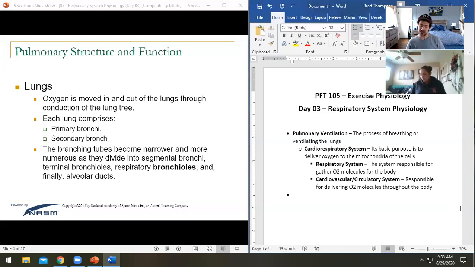That's like grabbing the outsides of that paper bag and pulling them, which expands the amount of space within that bag. When the diaphragm flattens down, it pulls your lungs open, and that's what causes air to rush into your lungs. Then when your diaphragm relaxes and goes back to this shape, that pushes air out of your lungs.